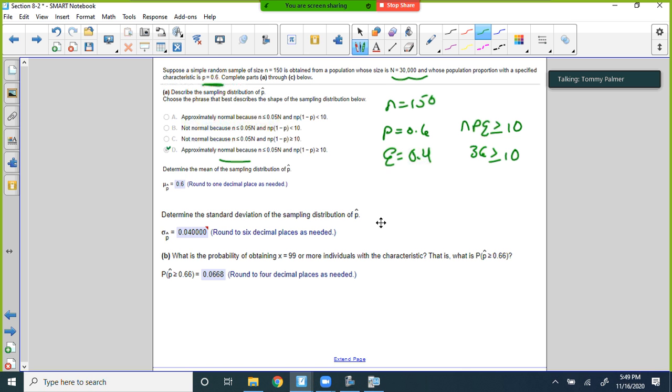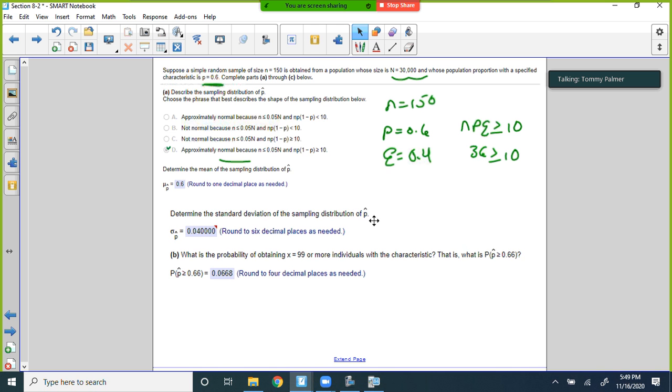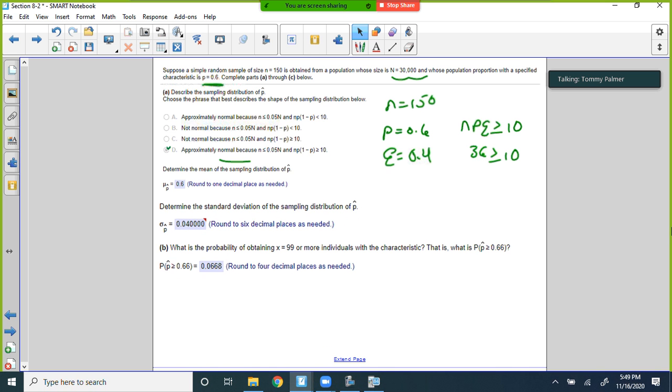All right. So the standard deviation is set to 6 decimal places. Do you know how to change your calculator to 6 places? Mode, go down to float, go over to 6, hit enter, right? Boom. All right, but we're going to find the square root of P times Q over N, right?